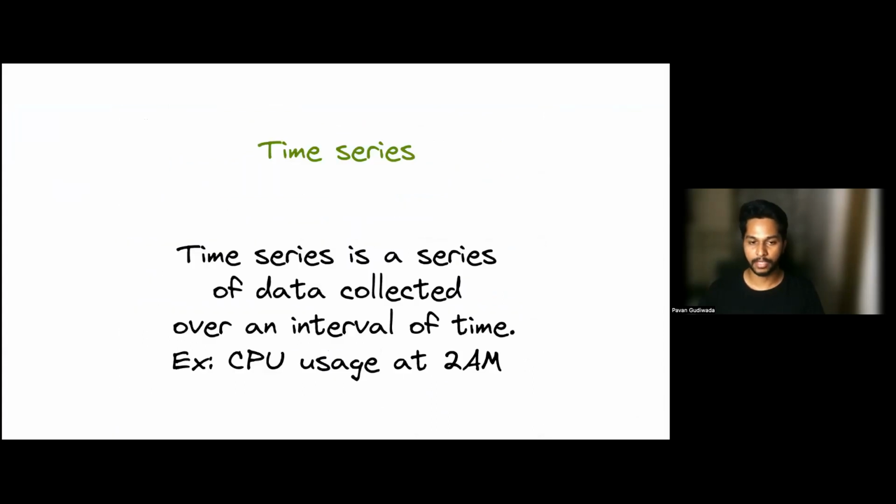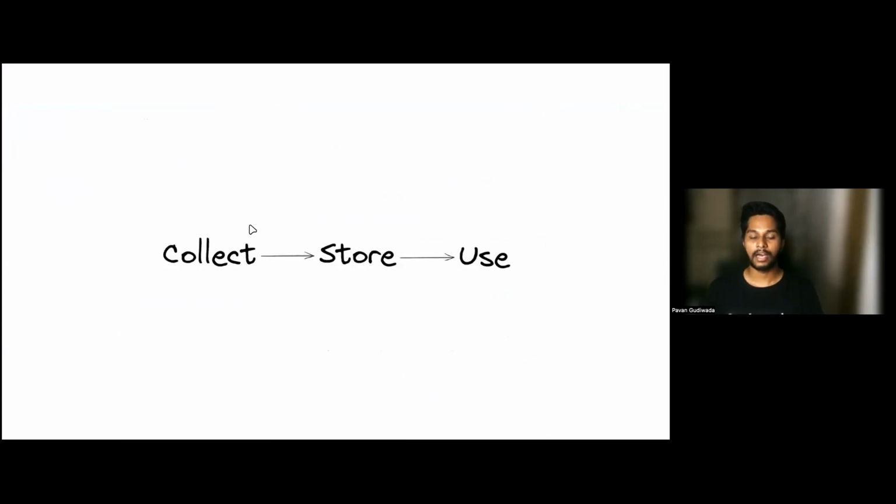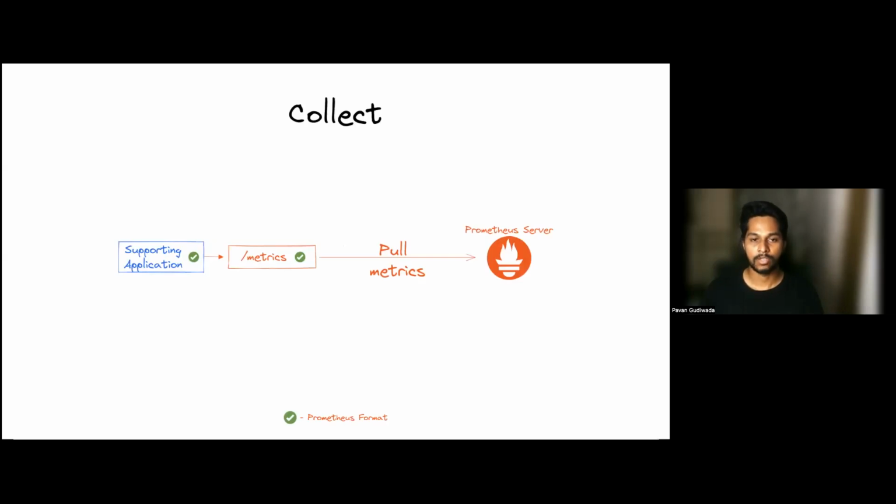Before we jump there, we will also see how Prometheus works internally. So there are three main things that Prometheus does. We will also connect the dots to the example that we already gave. First, it collects the data, it stores the data, and it lets you use the data. So we'll start with the collection part.